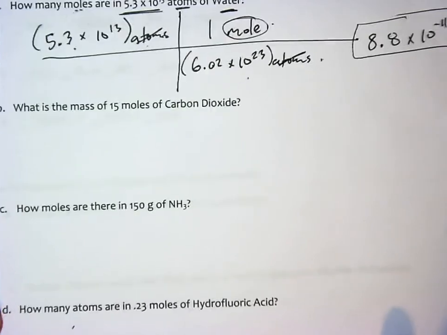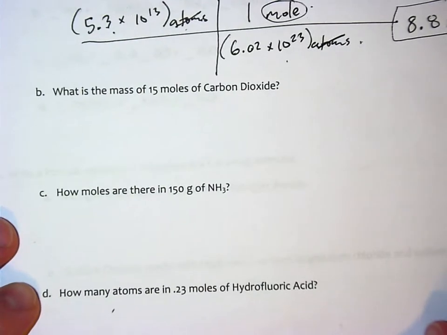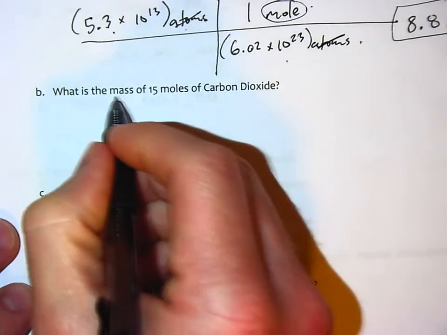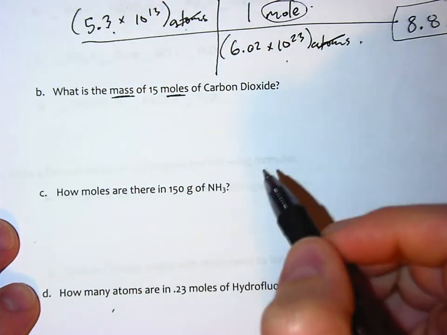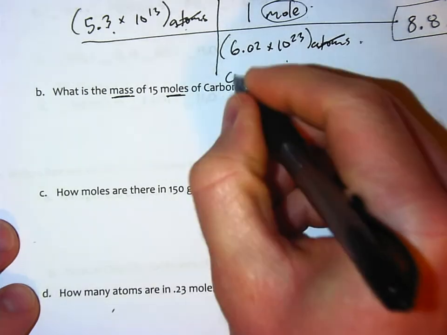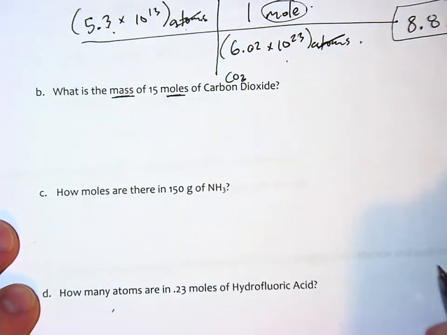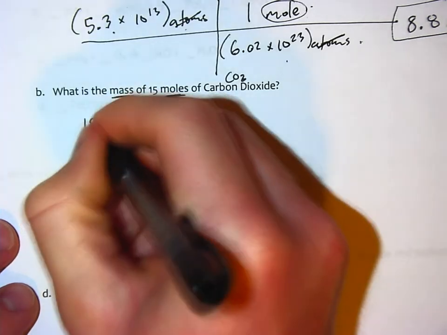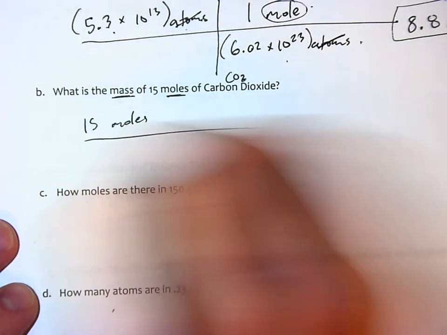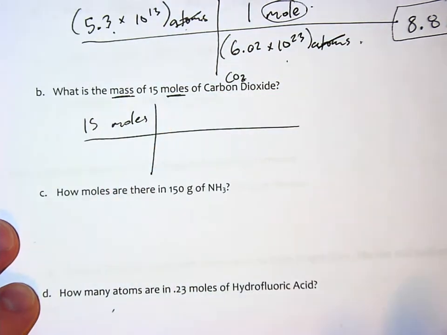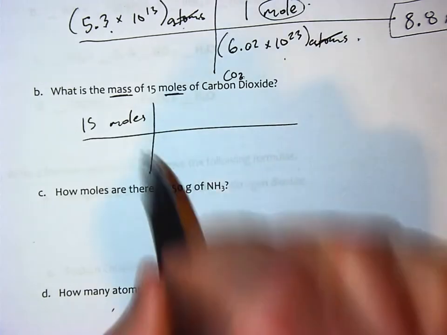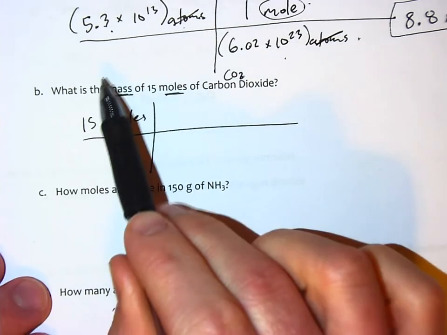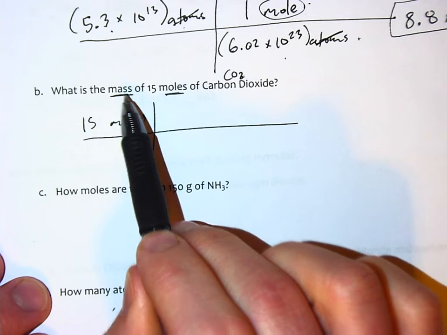All right, we'll look at a couple others to help with those conversions. Now, what is the mass of 15 moles of carbon dioxide? We know carbon dioxide is CO2. I'm going to start with what I have, which is 15 moles, and I want to figure out the mass.